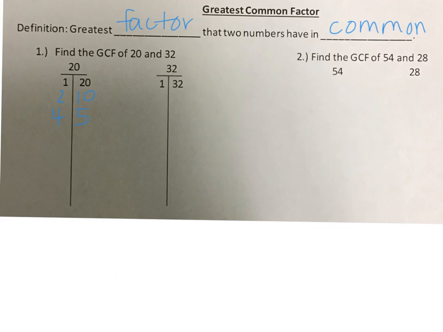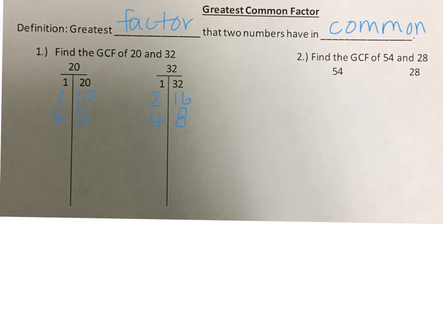Now let's list out our factors for 32. 1 times 32 is 32. 2 times 16 is 32. Can't divide it by 3, but you can divide it by 4, and 4 times 8 is 32. And I believe that is all of my factors for 20 and 32. So looking at my two numbers, we're looking for the greatest common factor.